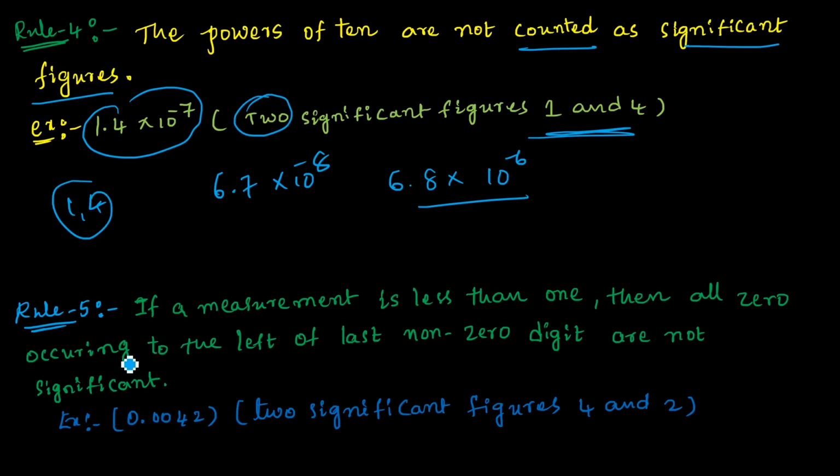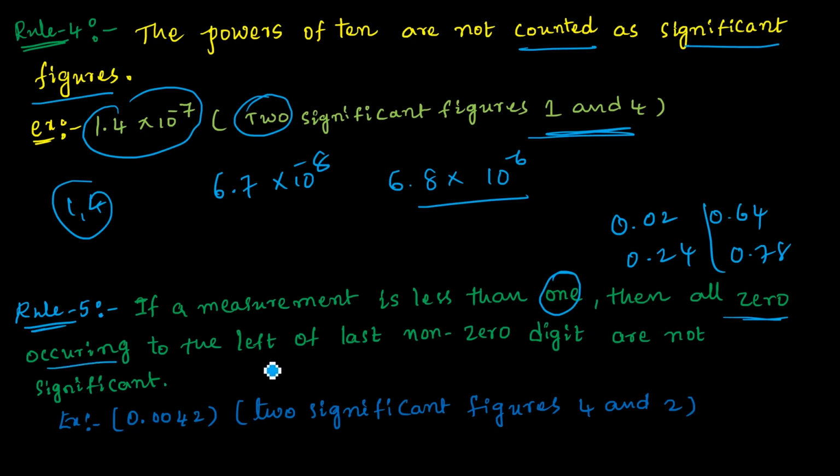Next, rule 5: if a measurement is less than 1, like 0.02, 0.04, 0.64, 0.78, this is called less than 1. Then all zeros occurring to the left side of the non-zero digits are not significant figures.